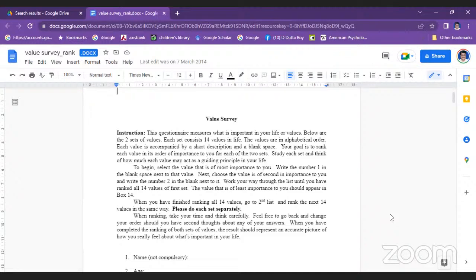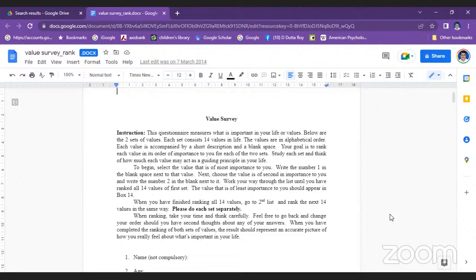The short description is given to mention what exactly is being asked for in the value. Correct. So what is important, that is the meaning. What meaning the value carries. For that reason, short description is there.